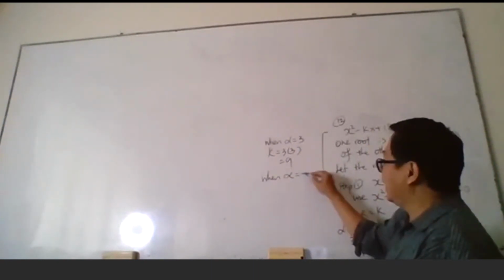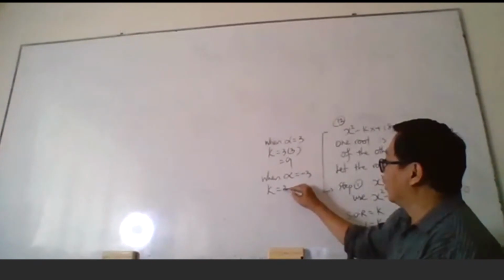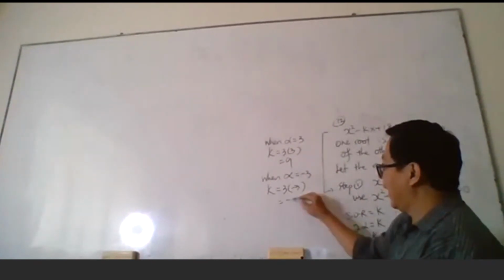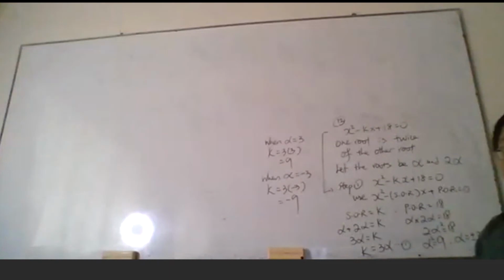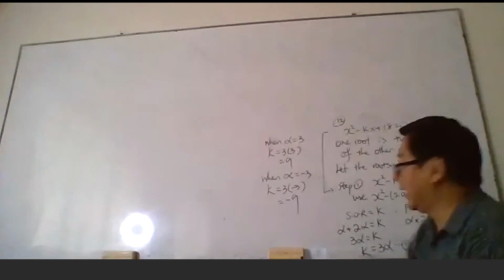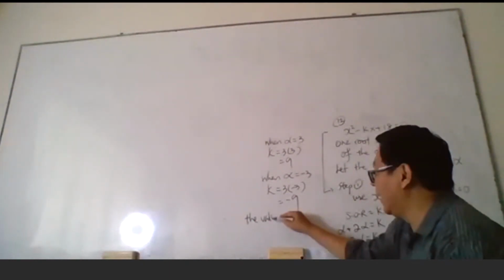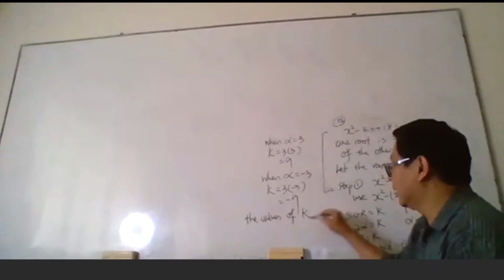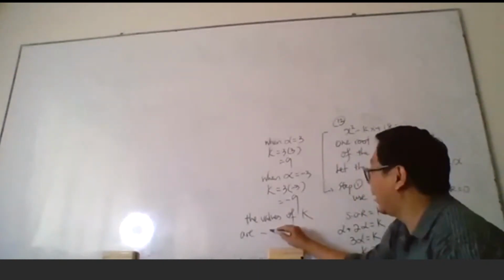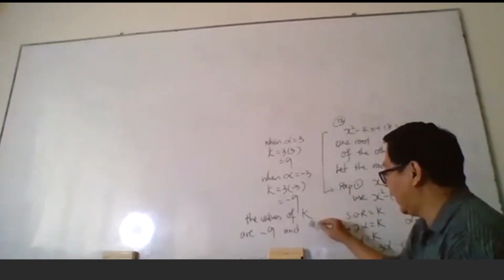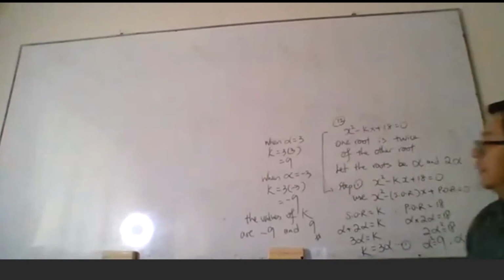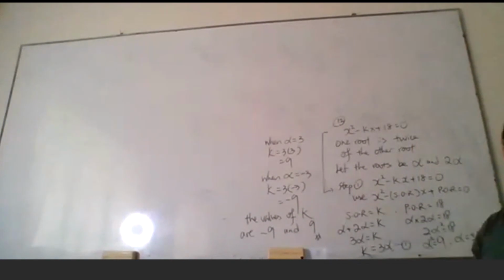When alpha equal to negative 3, k will be 3 times negative 3, you get negative 9. So the values of k actually are negative 9 and 9. So we got 2 answers for that.